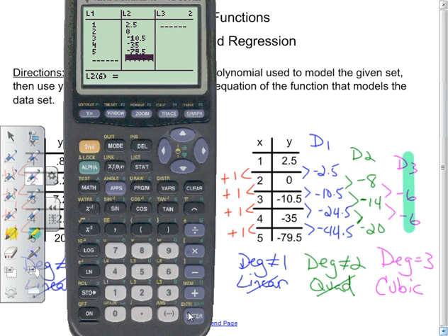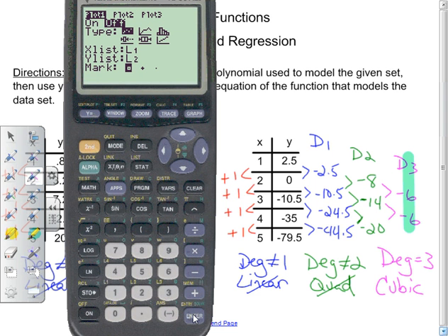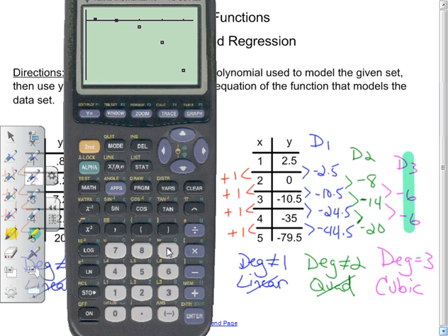Again, you're not entering the differences in the calculator, you're entering the data, because the data set is what's getting modeled by the function, not the differences. The differences just give you the analysis. So, again, I'm going to do second stat plot, turn the plot on, and then hit zoom 9. If you notice here, this is a curve. It's going to be a cubic, and you'll see what we get when we do the regression.